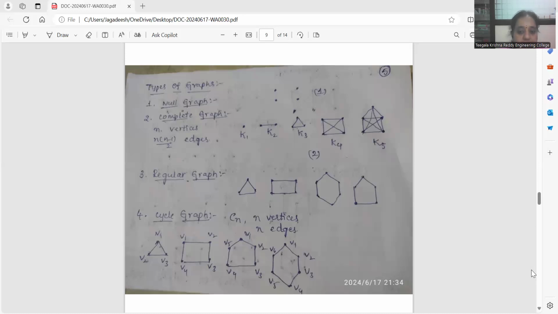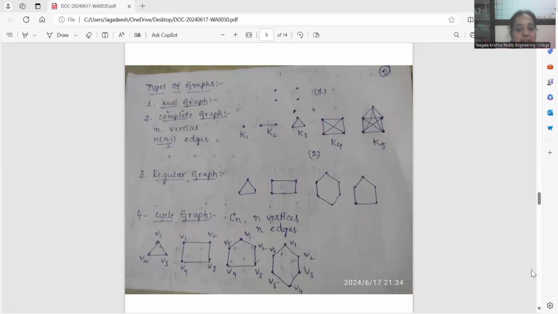K3 has 3 vertices and 3 edges, K4 has 4 vertices with 6 edges, and K5 has 5 vertices with 10 edges. K5 in particular is called Kuratowski's first graph, with n equal to 5 and e equal to 10 edges. We can prove the number of edges using the formula n into n minus 1 by 2. If you substitute n equal to 5, that is 5 into 4 by 2, 10 edges.